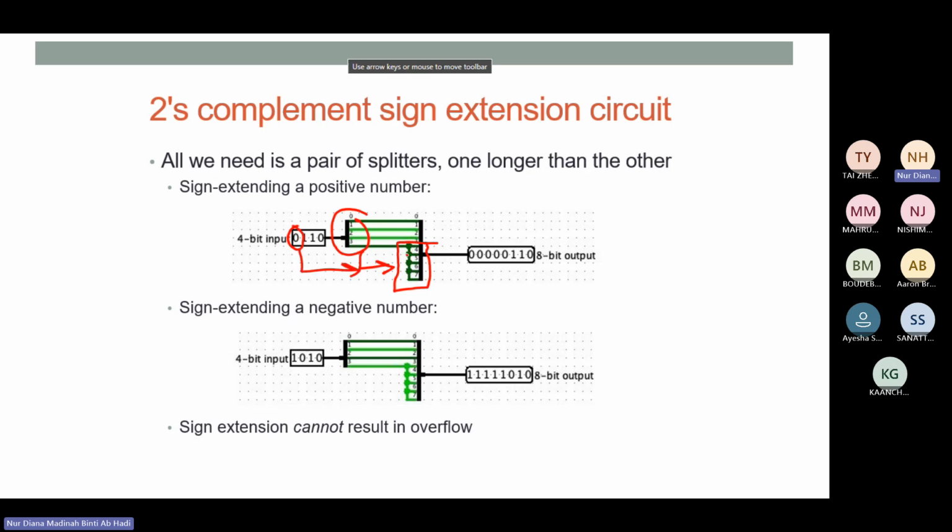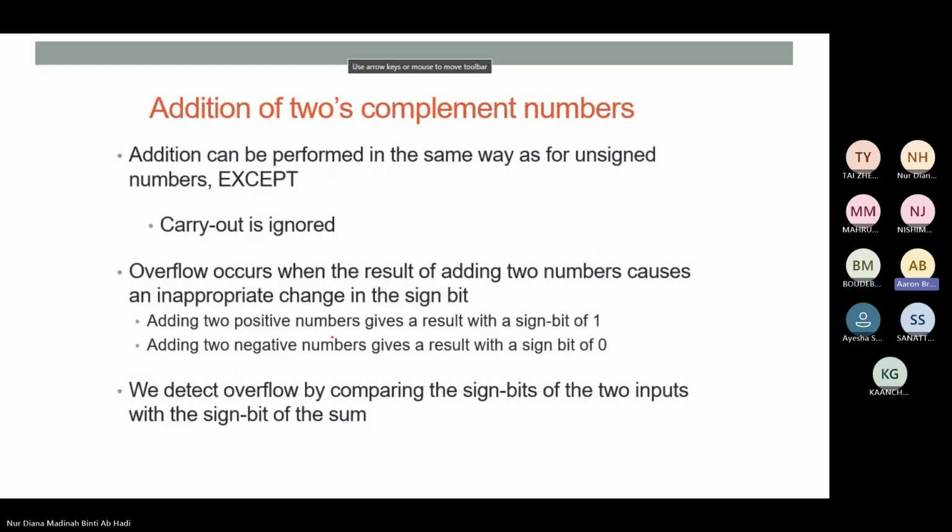So that's why you can see 0000. Understand? If your most significant bit is 1, all of the extension signs would be 1. Okay? Understand?